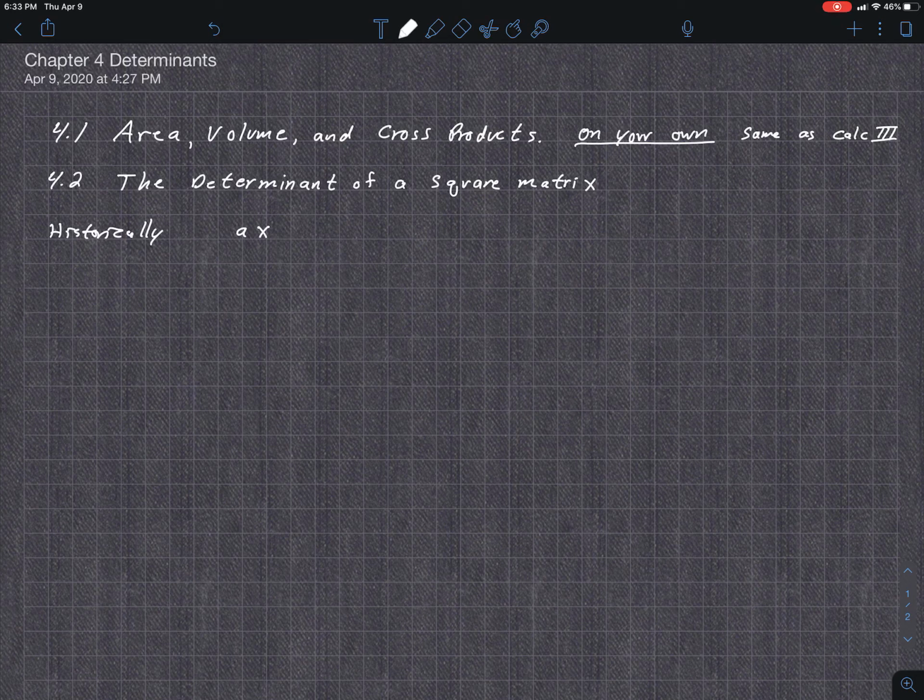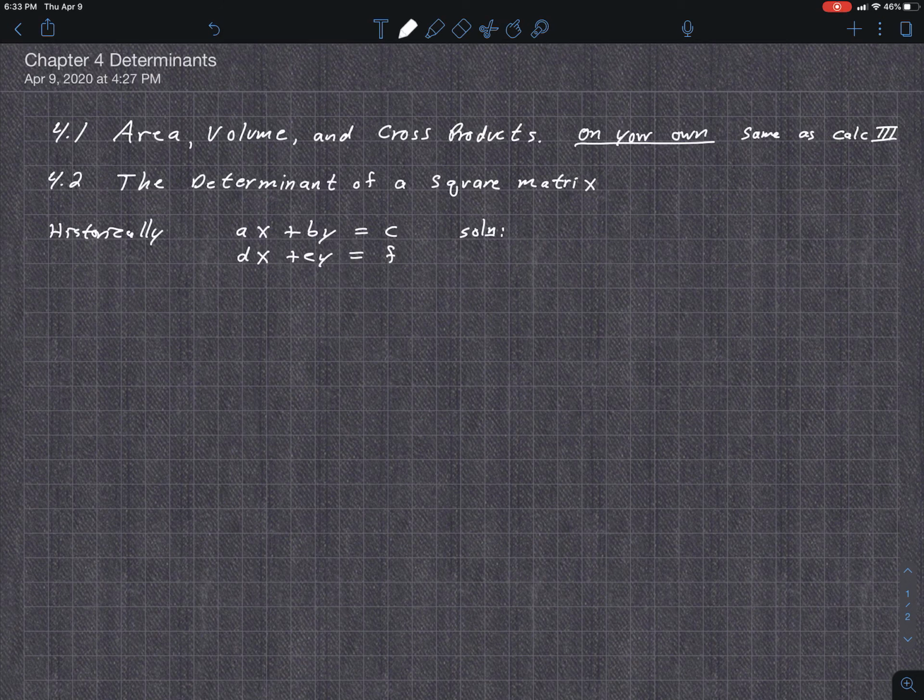So historically, you can look at something like this. You would have had some sort of equation like that, and then say dx plus ey equal to f.